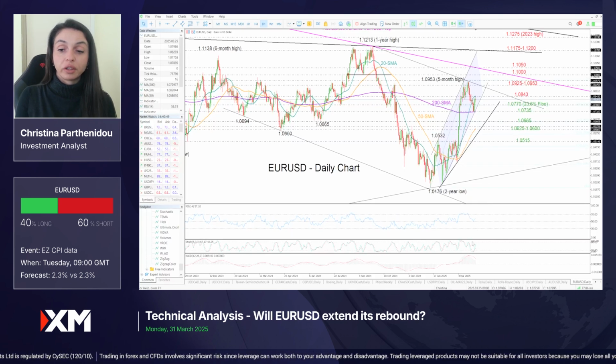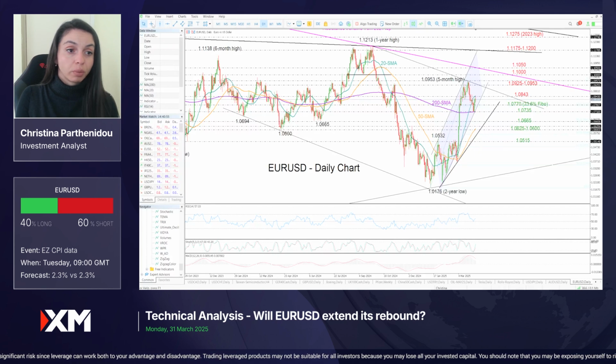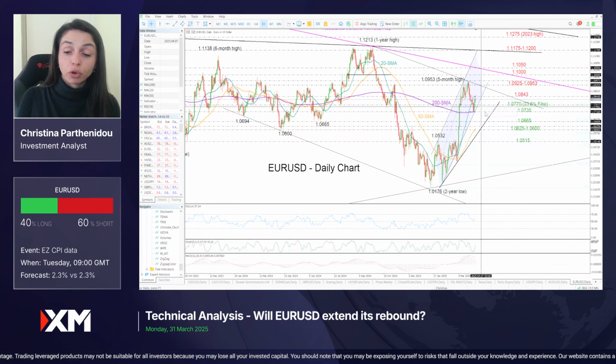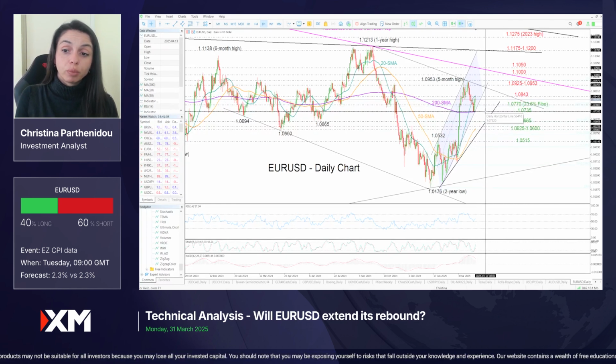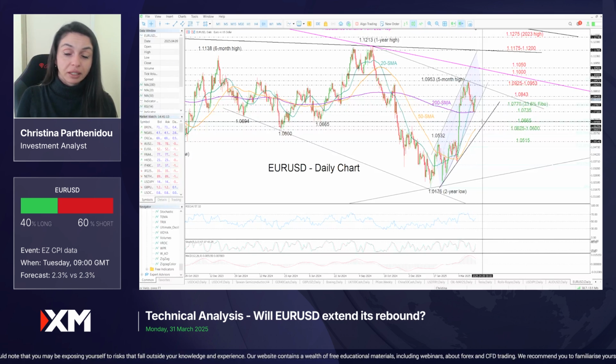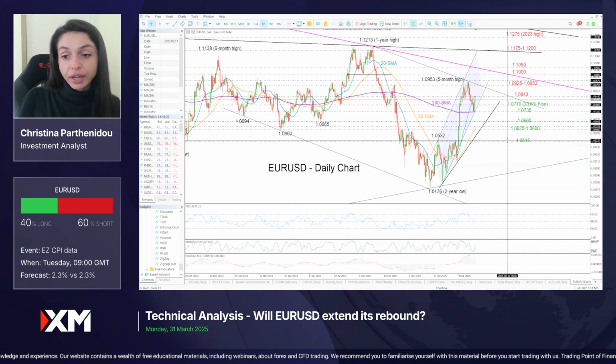The indicators are within the positive area. We recently had a bullish cross between the 20 and 200-day moving averages, which is also a positive sign. But if the price fails to hold above the 1.0770 number, and more importantly, breaks below the 1.0735 and beneath the 200-day moving average, which acted as strong support last week, then that could dampen market sentiment, and it could cause a steeper decline towards the 1.0665 former constraining zone.